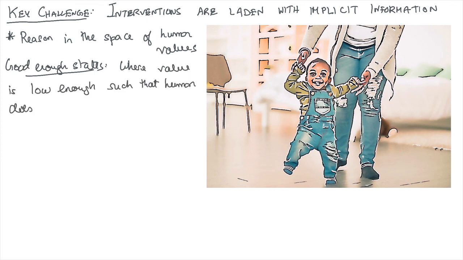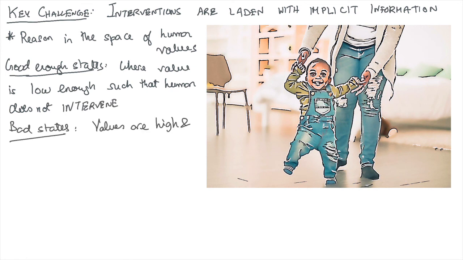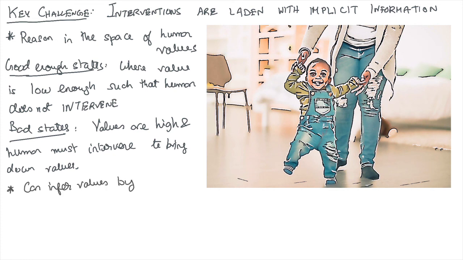Good enough states where the value is low enough such that the human does not intervene, and bad states where the values are above a threshold that forces the human to intervene and bring the robot back down to lower values. And knowing this allows us to infer values by either ranking or probabilistic formulations.